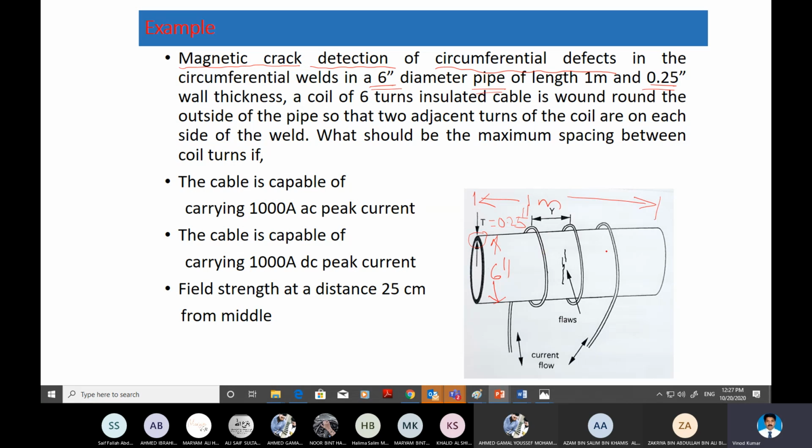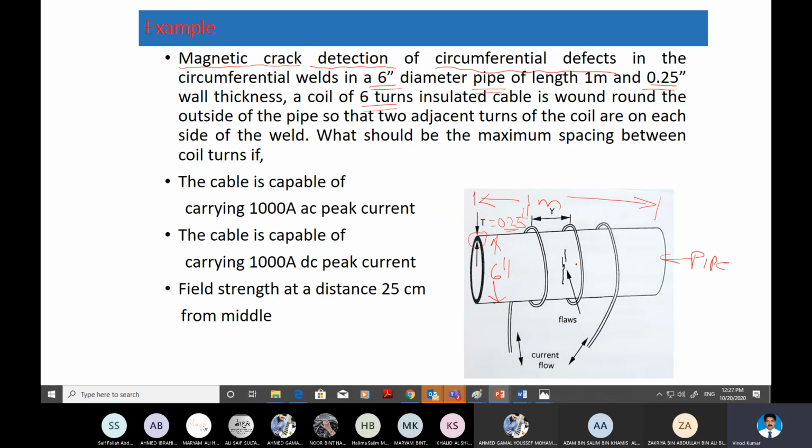This is 1 turn, 2 turns, like that. We have 6 turns given in the question, wound around the pipe. So we need to test a pipe in magnetic particle inspection. The pipe has an outside diameter of 6 inch, and its wall thickness is given as 0.25 inch.